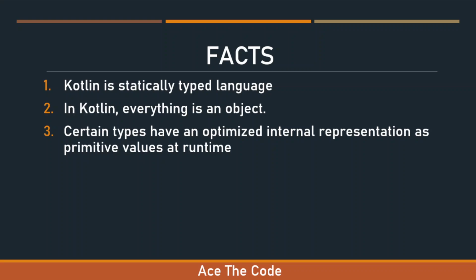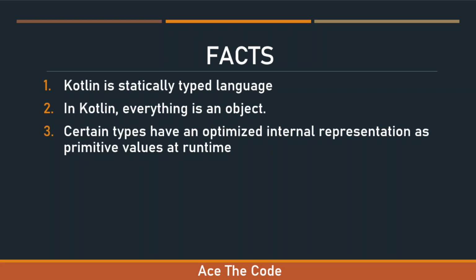For example, byte, short, int, long, float, double, char, and boolean are all treated as classes and objects, and on these objects you can either invoke some functions or access some property. In that sense these are called objects. So everything in Kotlin is treated as an object.